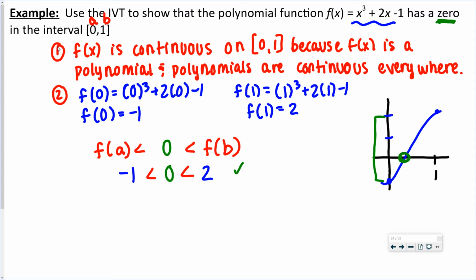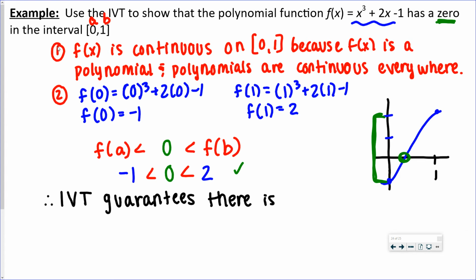Okay, so there's our hypothesis. We showed it's continuous. We showed that the value is in between the outputs of my endpoints. So here's where we can apply the conclusion. Therefore, the intermediate value theorem guarantees there is at least one. Now, there could be multiple. We know what cubic functions look like, but a lot of these we don't.